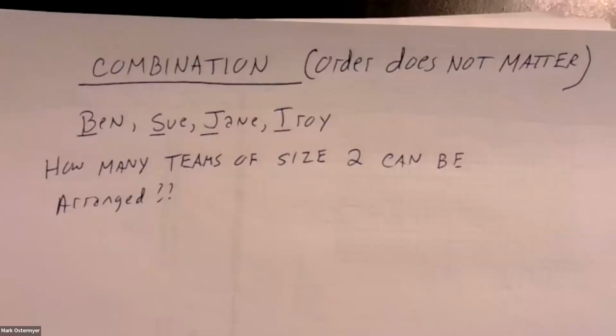I got a question for you. Does it matter in which order I choose these people to form my teams of size 2? In other words, does it matter if I choose Ben first and then Sue second to be on a team, or if I choose Sue first and then Ben second to be on the team? Do you think order matters here?